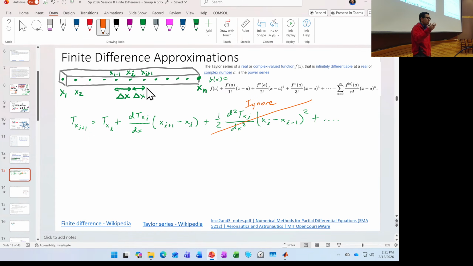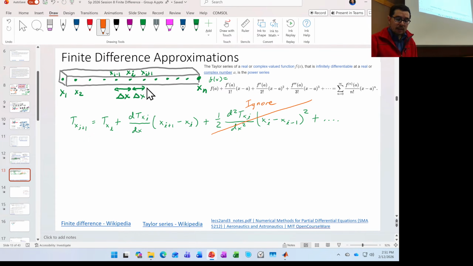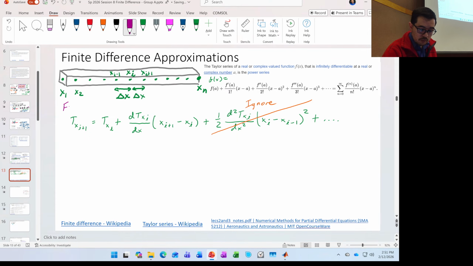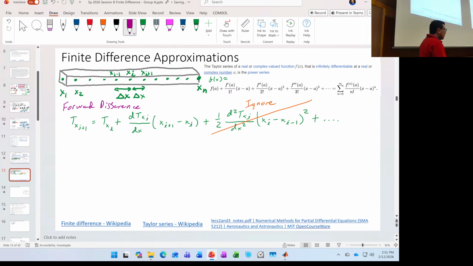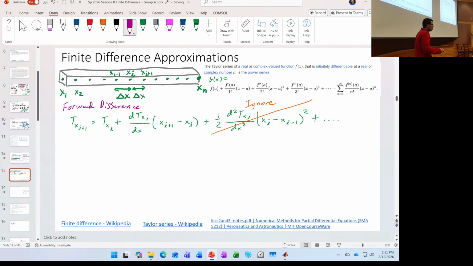You could call it extrapolation if you want, or you could call it interpolation. Interpolation is usually in between objects. Extrapolation is when you're going out. This is called a forward difference, or a forward first difference.